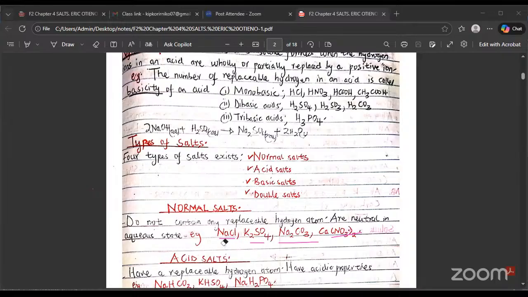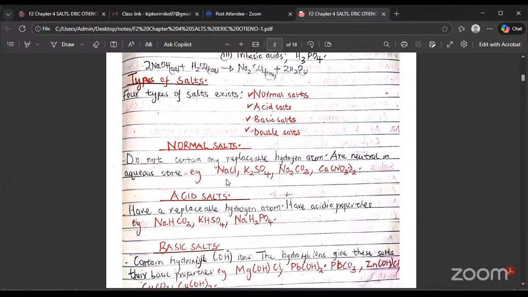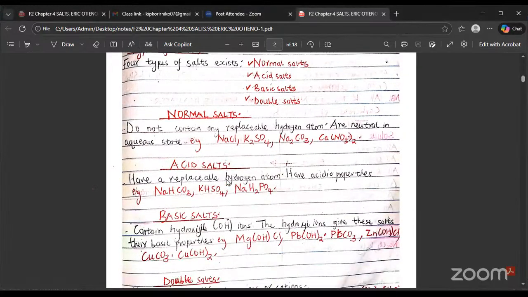So we continue, we go now to the acid salts. What you're supposed to know is the definition, and after knowing the definition, you give at least 2 examples. I normally use the examples that you have heard mentioned a lot of times in class.